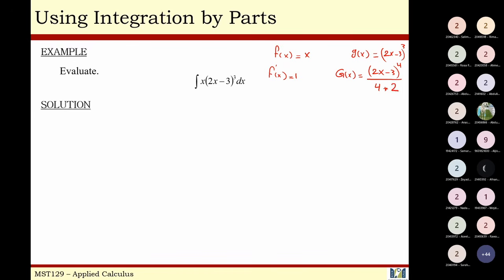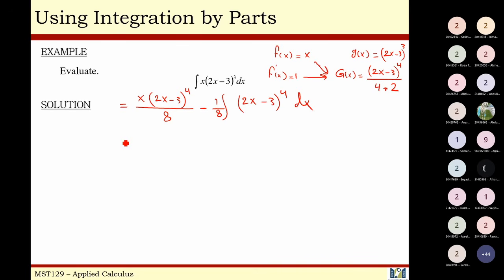This is by substitution. By substitution, the integral of (2x minus 3) all to the power 3, let the inside of the brackets equal u, so we have like this. So multiply f with G equals what? X multiplied by (2x minus 3) all to the power 4 over 8 minus the integral of (2x minus 3) all to the power 4, and outside we can put 1 over 8, like this dx.